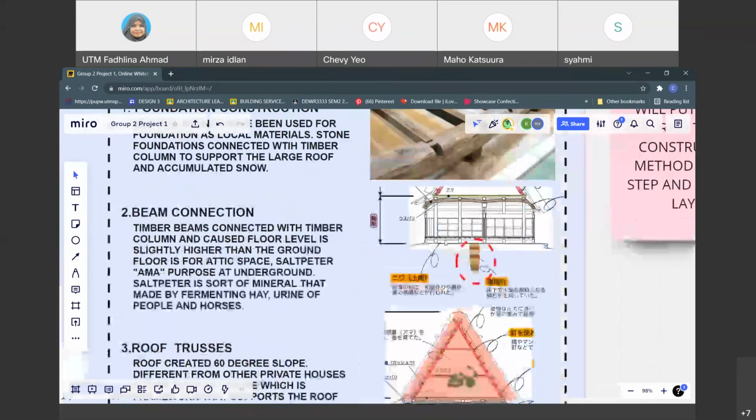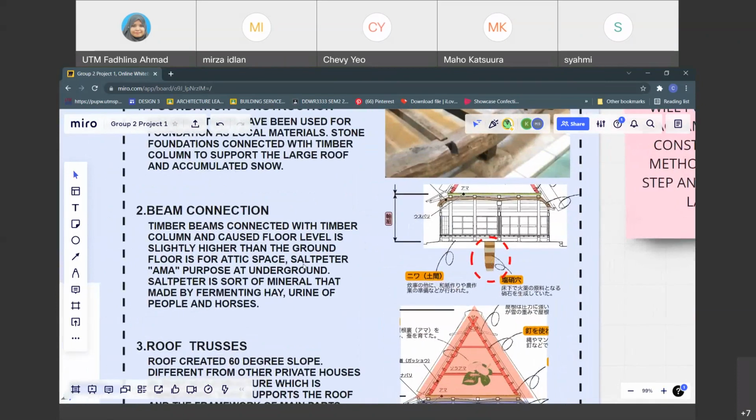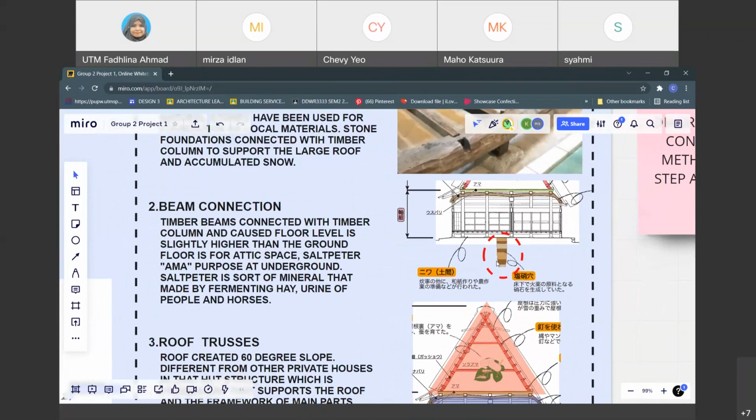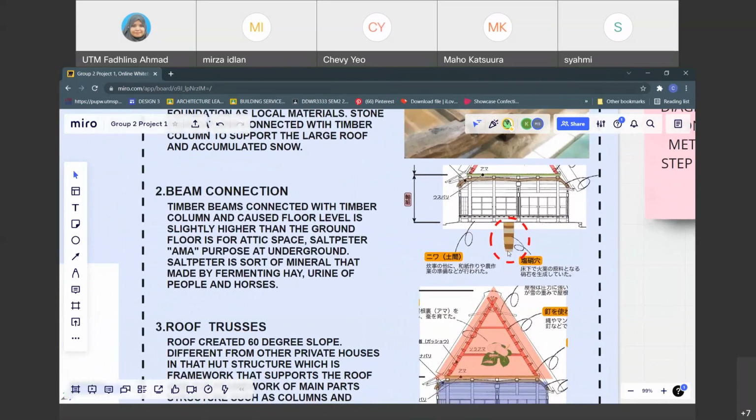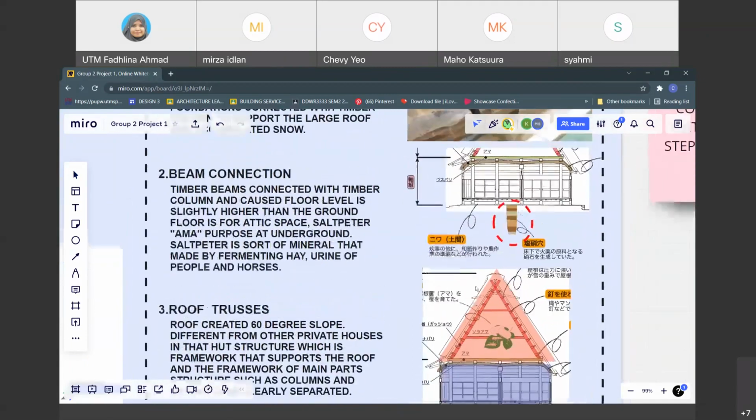There is a space under here, and they dig a hole for this saltpeter, called ama, at underground. I believe Maho mentioned saltpeter last week. It is a sort of mineral made by fermenting hay, urine of people and horses.